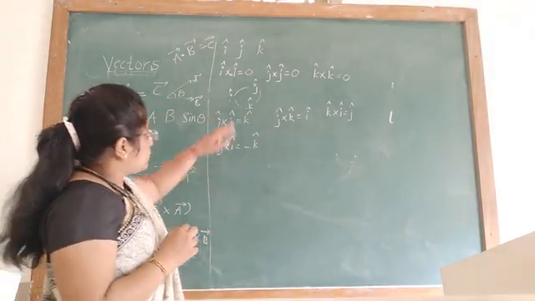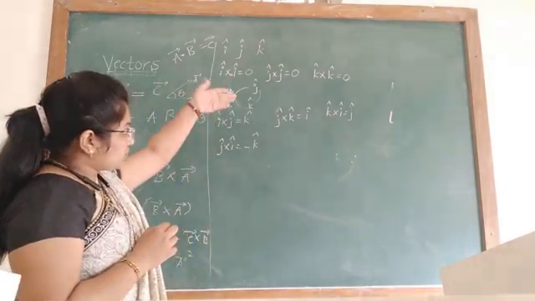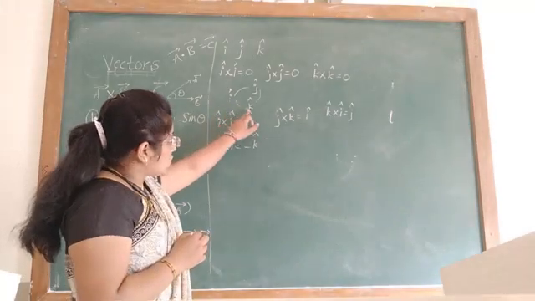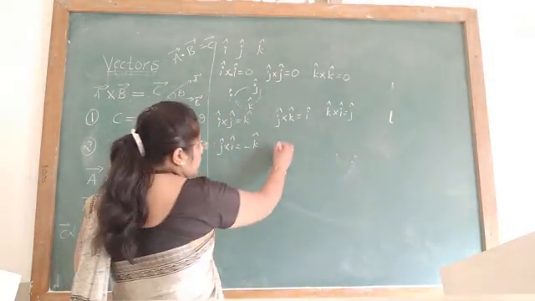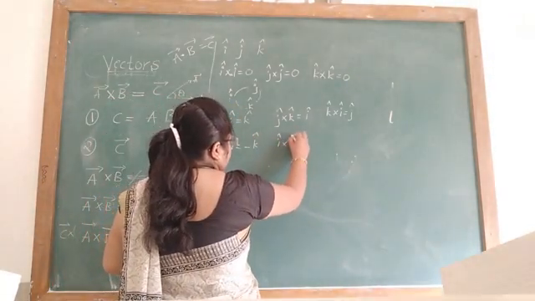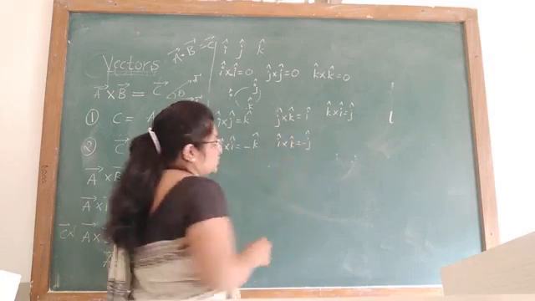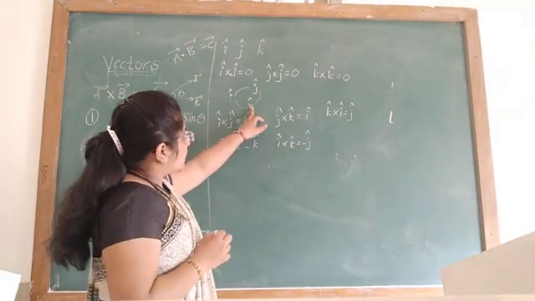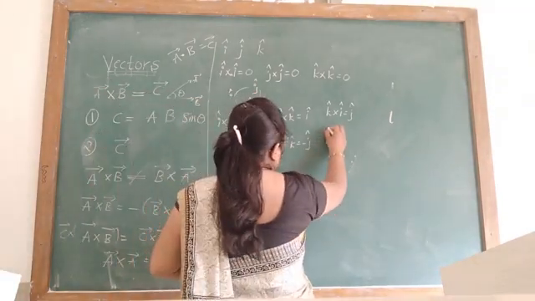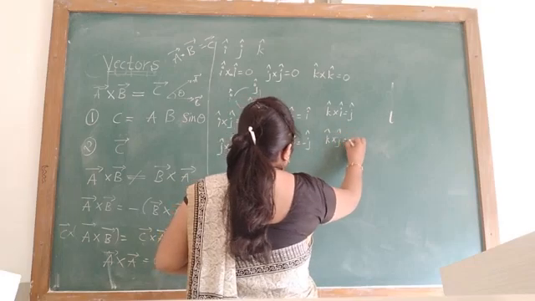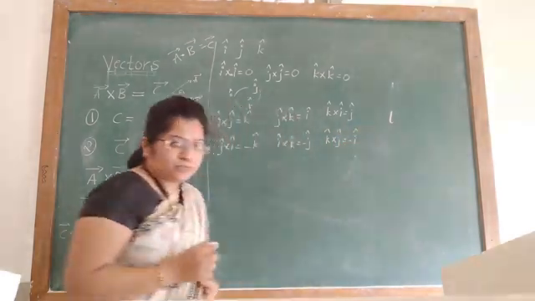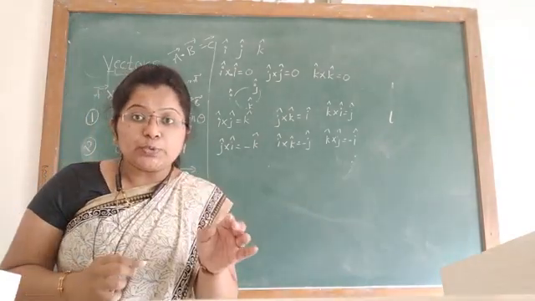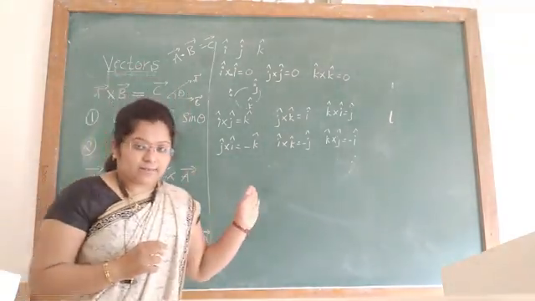Again in the anti-clockwise direction, i cap cross k cap is minus j cap. And k cap cross j cap is minus i cap. This is how you apply the laws of vectors to the unit vectors i, j and k.